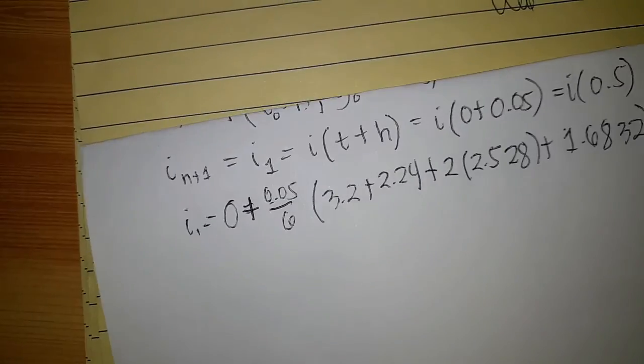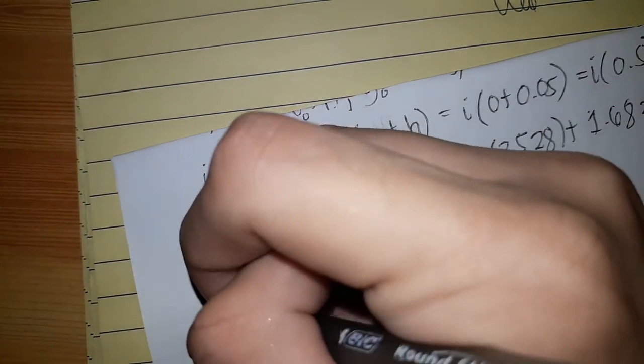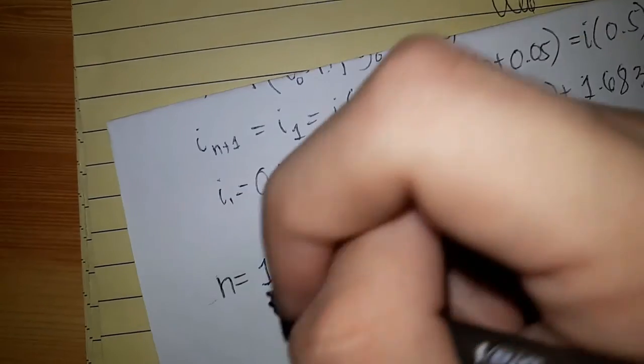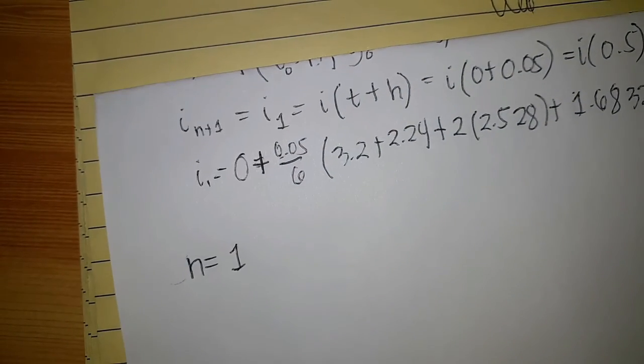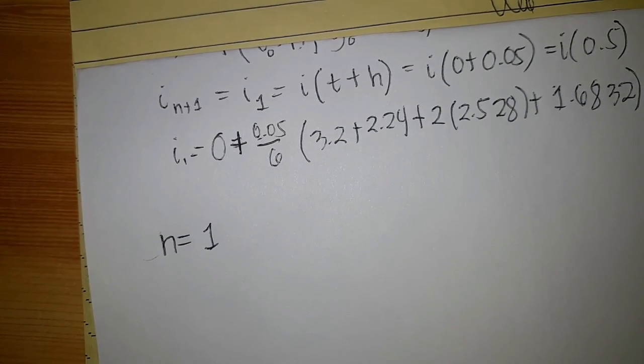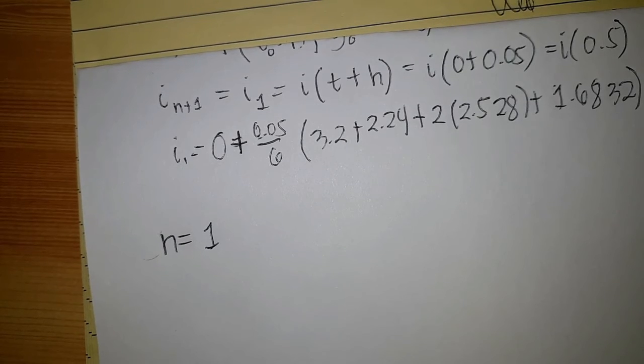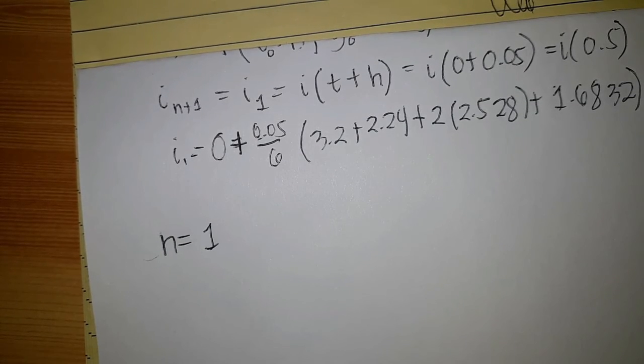So in this part, we are going to use the value of n, which is equal to 1. So we already knew the equations needed to solve for K1, K2, K3, K4 on the first part of the problem where n is equal to 1.